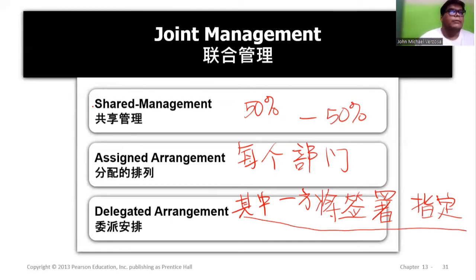So delegated. So these are the three modes of joint management.